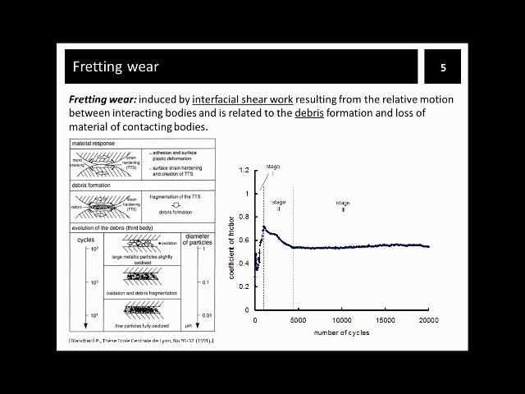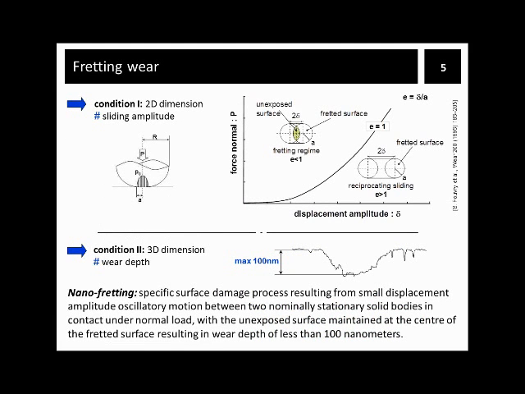Finally, in stage 3, the tribological system reaches some sort of steady-state equilibrium between new debris generation and the interface debris ejection from the contact area. And this mechanism is valid for classical macro-fretting situations and nano-fretting experiments.